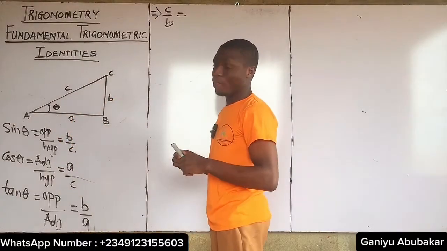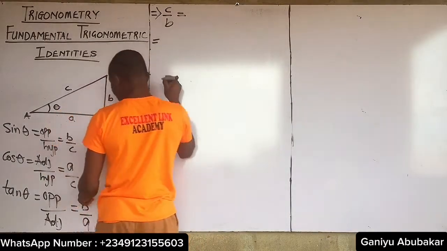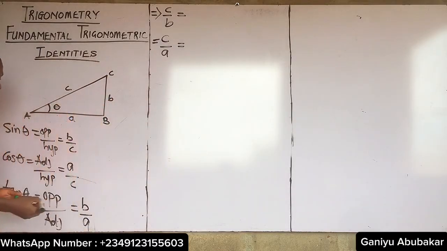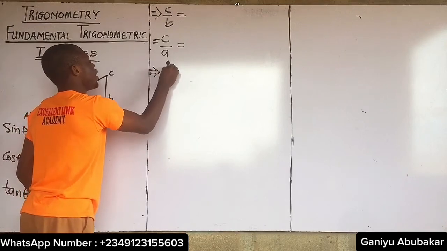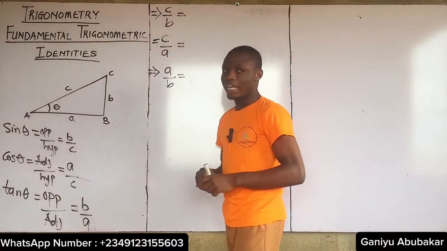That's the question now. For cos theta, I'm having A over C. What will C over A become? That's the question. Tan theta is B over A. What will A over B become? That's the concept now.